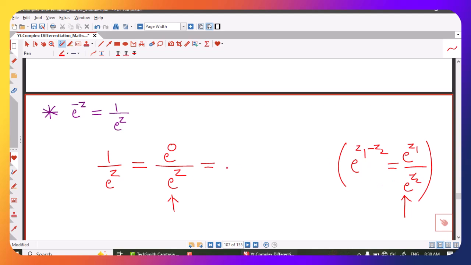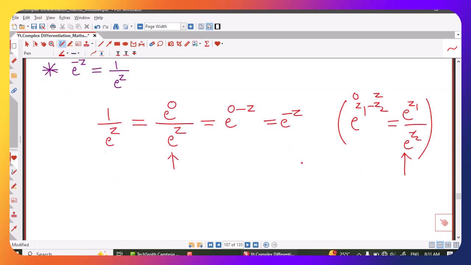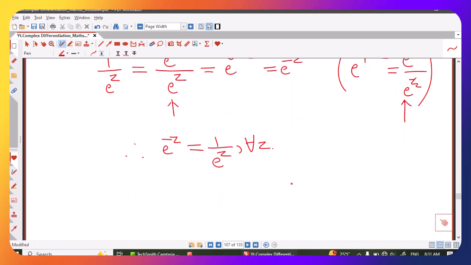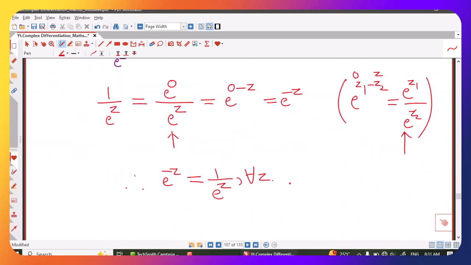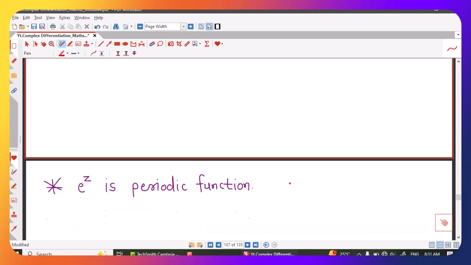So I can rewrite this as e raised to 0 minus z, where z1 equals 0 and z2 equals z, and this gives me e raised to minus z. So we can easily prove that e raised to minus z equals 1 divided by e raised to z, and this is true for all z.